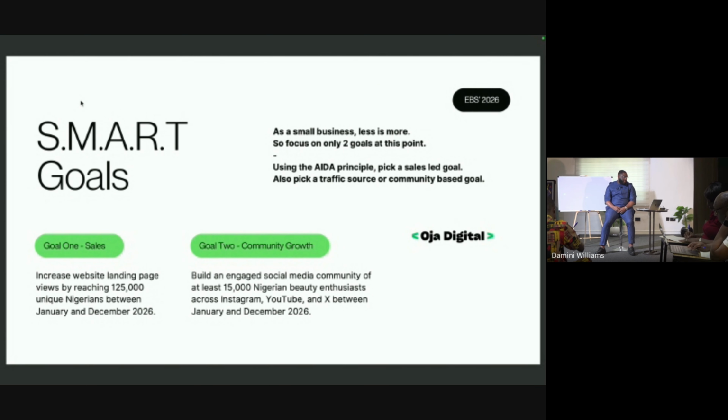But would you say this goal is smart? Is it specific? Is it measurable? Is it achievable? Is it relevant? Is it time-bound? You know, what will you say about this goal? The first one, increase website landing page views. And you guys online, please also respond as well. Just look at the first goal, increase website landing page views by reaching 125,000 unique Nigerians.